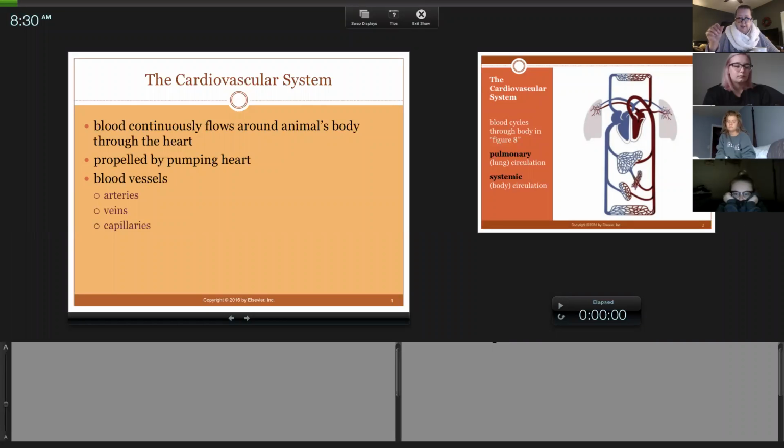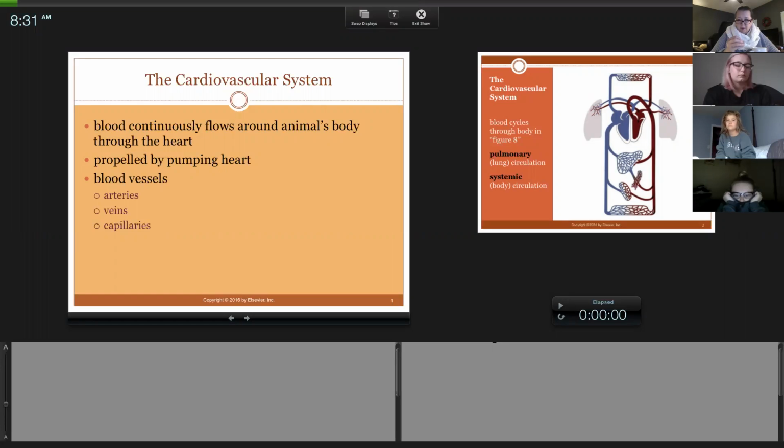Anytime I talk about a capillary, that's where gas exchange occurs. So when a capillary goes to your tissues, say the kidney, your toe, your finger, wherever, it's going to drop off oxygen. And then that tissue has carbon dioxide, which is a byproduct of cellular function.